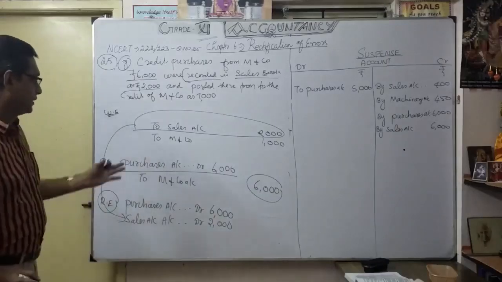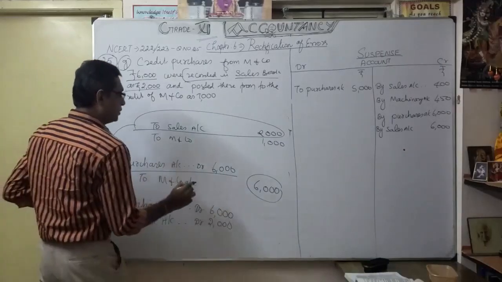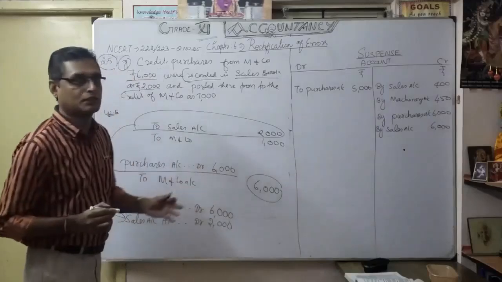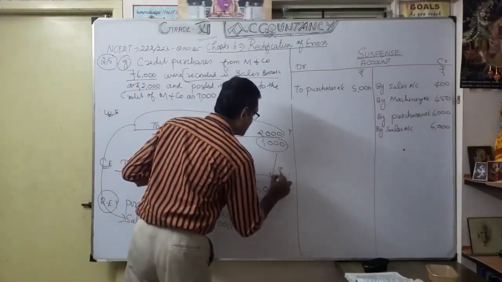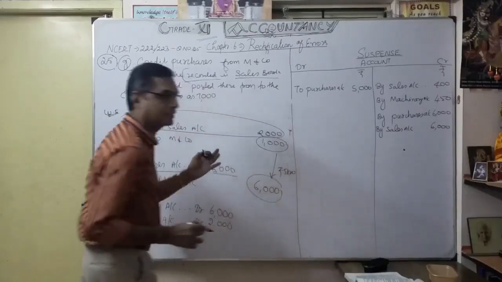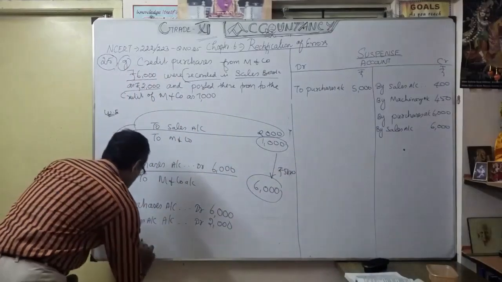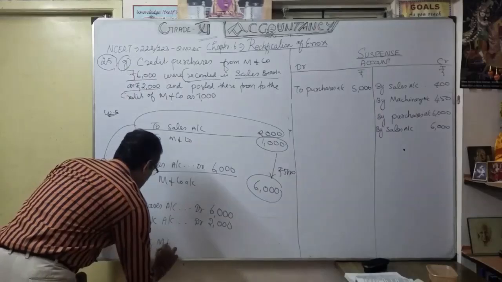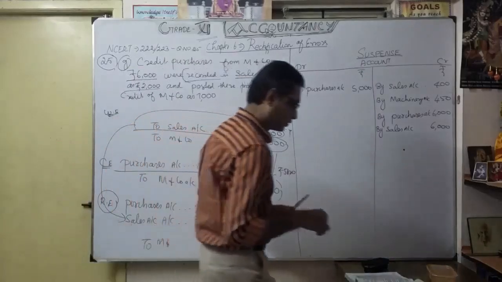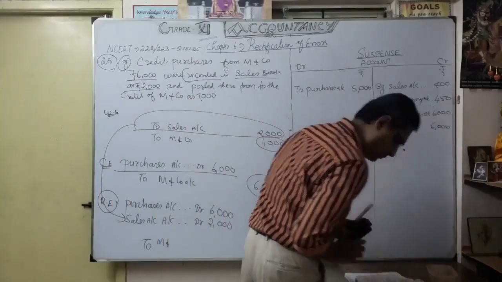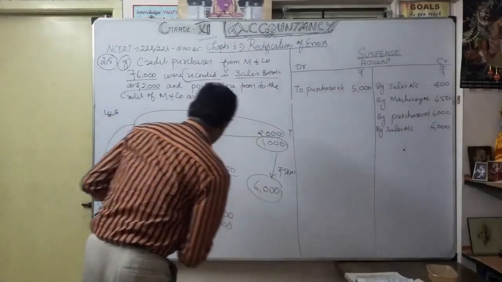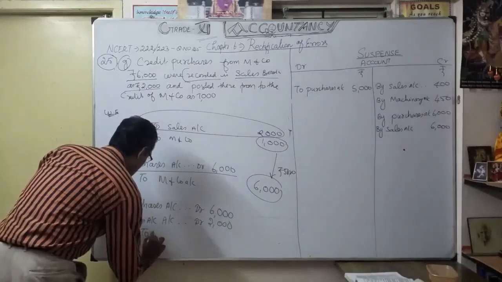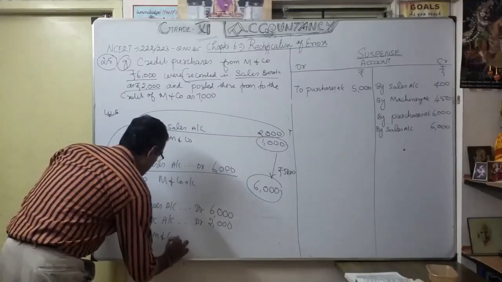Then M1 Co, you are supposed to credit how much? 6,000. But how much difference? You are supposed to further credit 5,000 again. That's what, to M1 Co account.